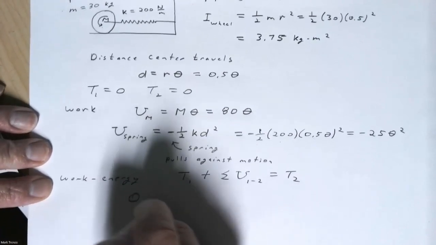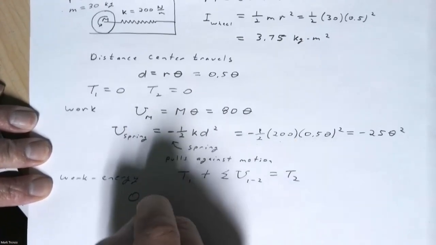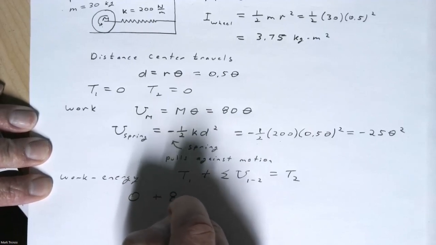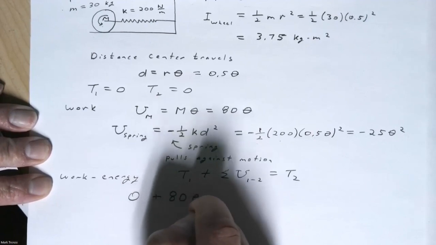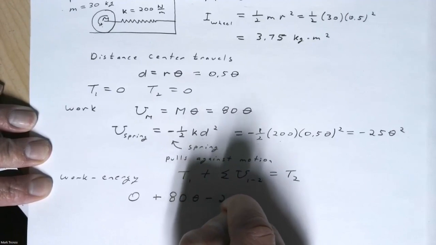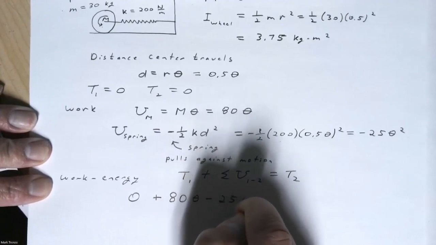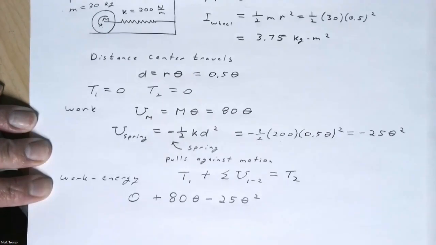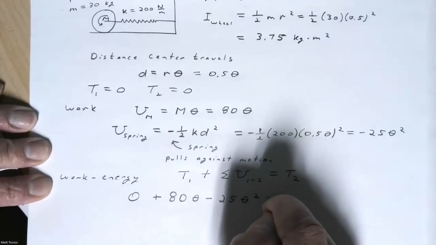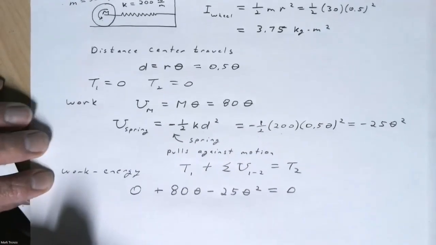Again, 0, and then the work we have here is 80 theta minus 25 theta squared. And again, T2 is 0.